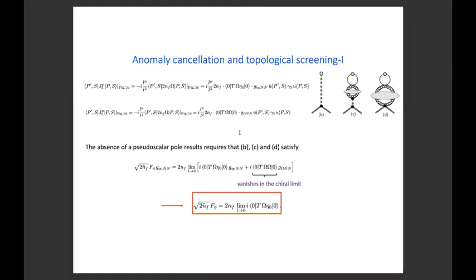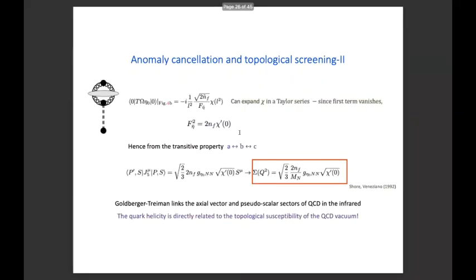And so I don't want to go through this in detail, but you can work through these different diagrams. And you can show that this object here, the eta bar decay constant, can be written as a vacuum correlator of the topological charge density and this eta field.